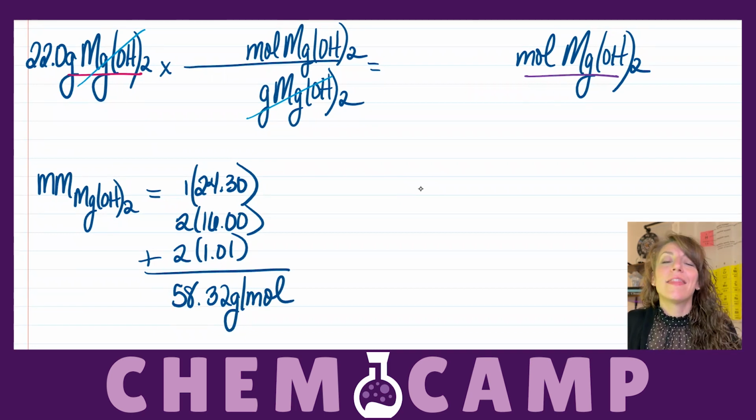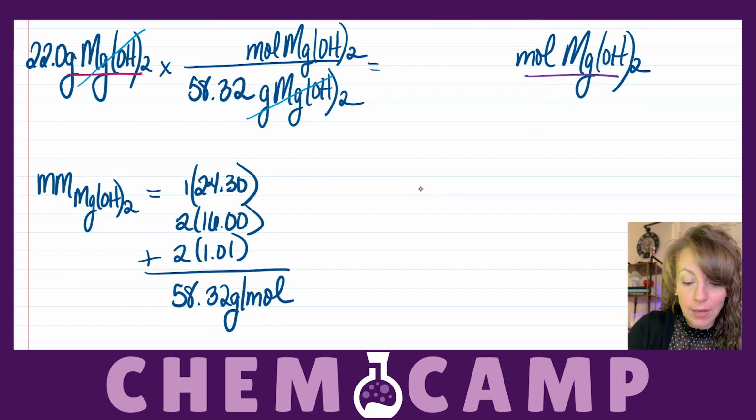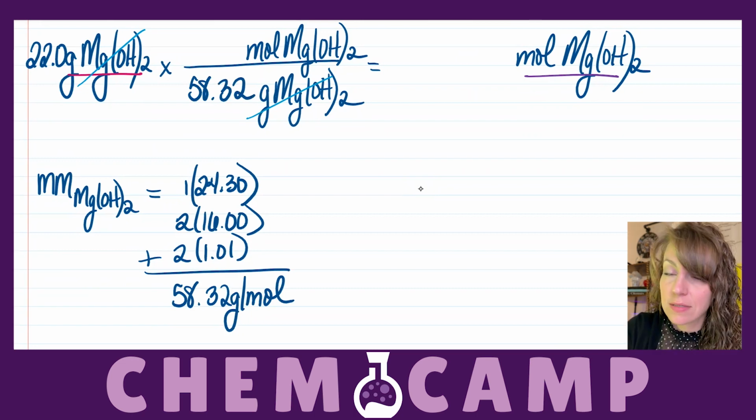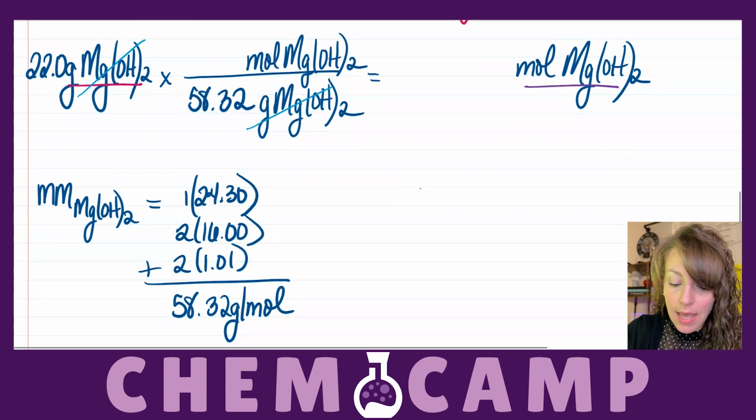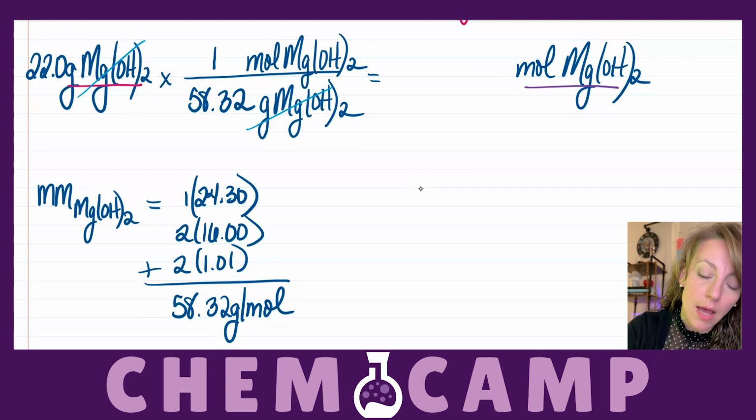Once again, that 58.32 is with the grams in the molar mass, so I'm going to put the 58.32 with the grams in my ratio. This time it's on the bottom. And of course, molar mass is always for 1 mole, so I'm going to put 1 on top.